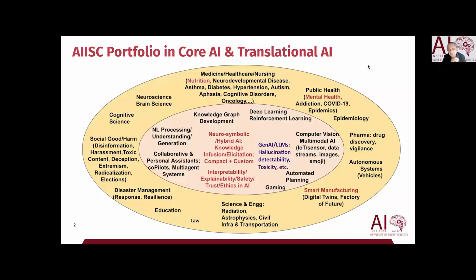At the AI Institute, we are nearly 50 researchers, and we do a broad variety of things. Today, I'm going to focus on what is at the center of that: neurosymbolic AI, explainability, safety, trust, ethics, interpretability, those kinds of issues, using a couple of health applications to demonstrate the need for the next generation of technologies.